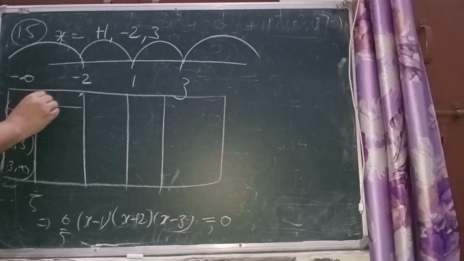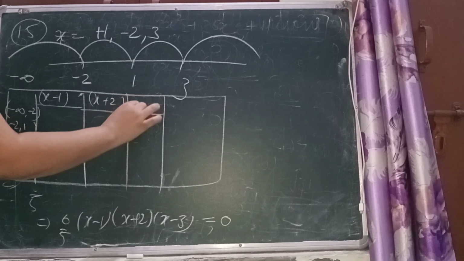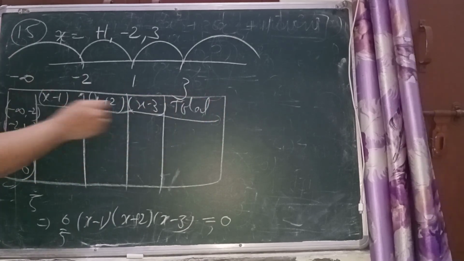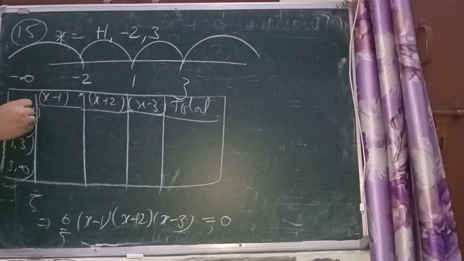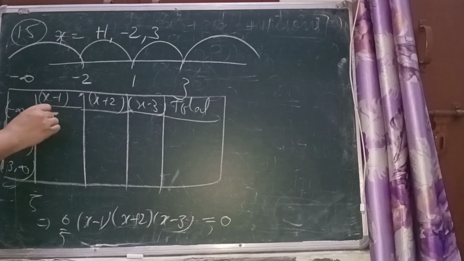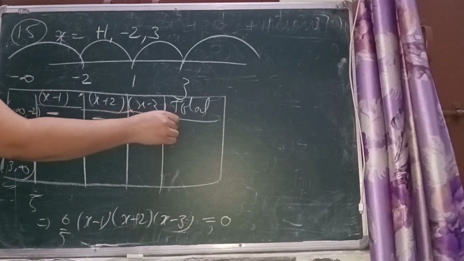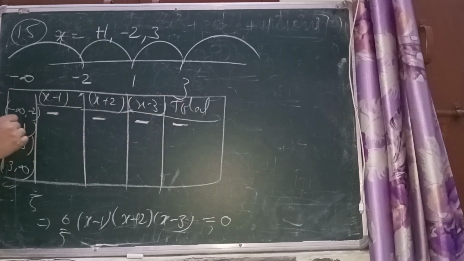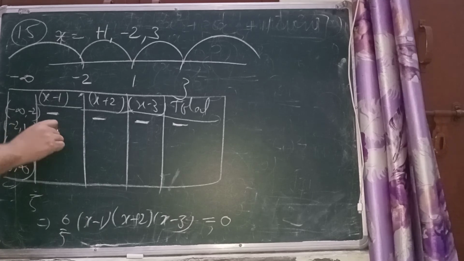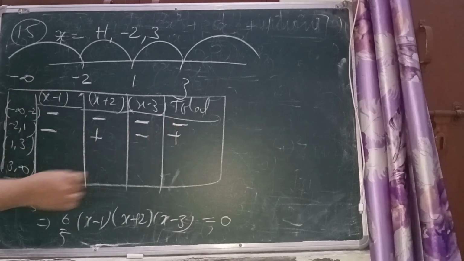First I will set it for x - 1, then for x + 2, then for x - 3, and then for the total function, that means the product of all three. For minus infinity to minus 2, let me take minus 3. It will be negative, negative, negative, so the total will be negative. For minus 2 to 1, I can take minus 1 or 0. This one will be negative, positive, negative, so the overall will be positive.